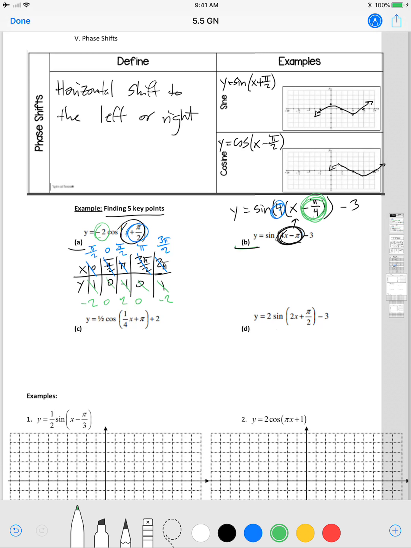It's hard to understand why that's going on. Basically, the period change is going to affect the phase shift. It just does, which is why we need to take that into account before we just look at our graph and make our phase shift changes. But we make our table of values the same way. This is a sine function.